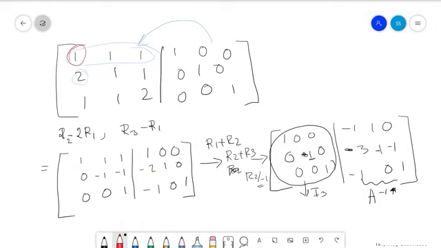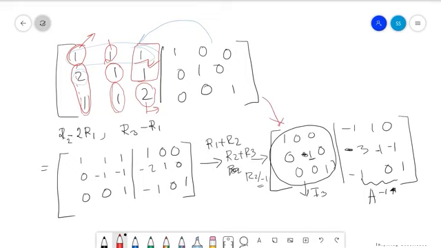If this is a pivot, then all the elements below it will be 0. Similarly, for the pivot over here, all the elements above and below will be 0. Similarly, for this pivot, all the elements above it will go to 0. And this is what we have here precisely.